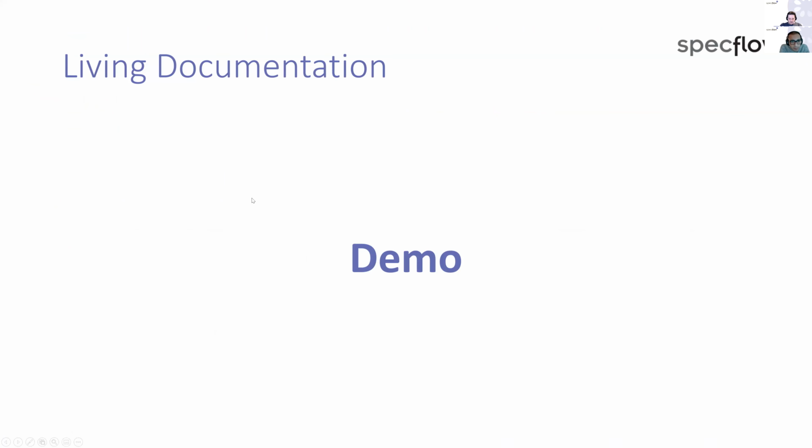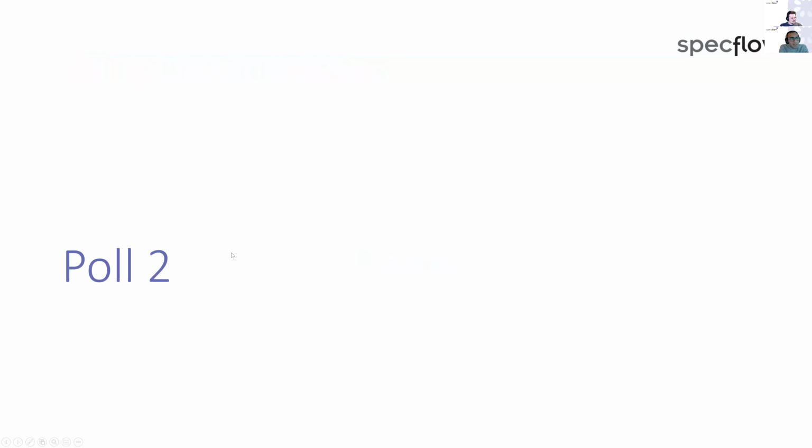Good. That was all the features I wanted to show. We did already a lot of Q&A, but let's now ask our audience a question. Our second poll now. So Ali, could you launch it, please? It's our turn to ask you a question now. I'm just going to launch this poll.